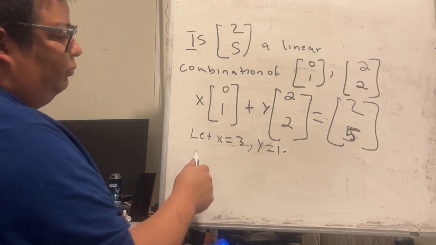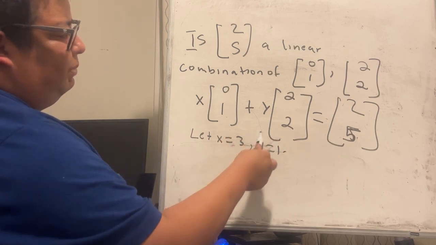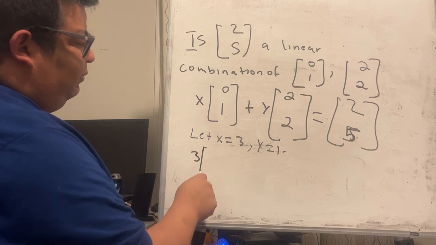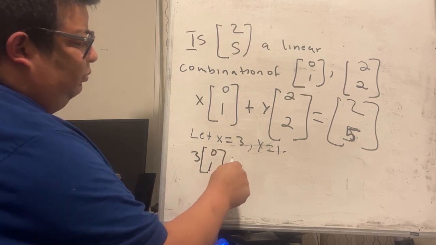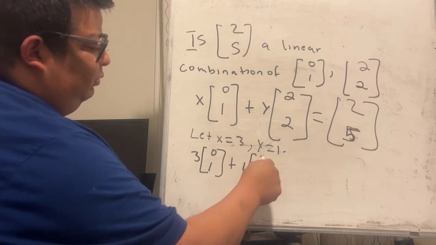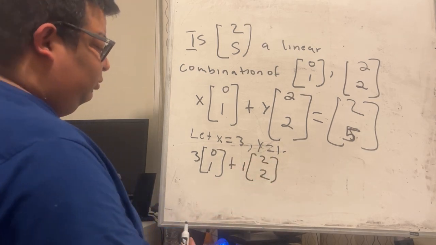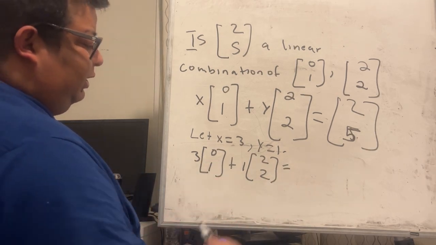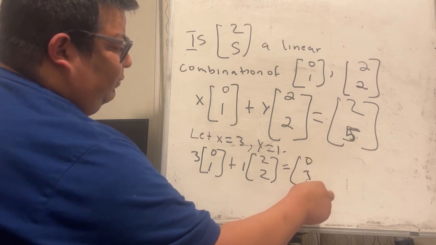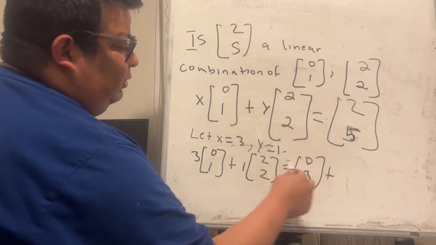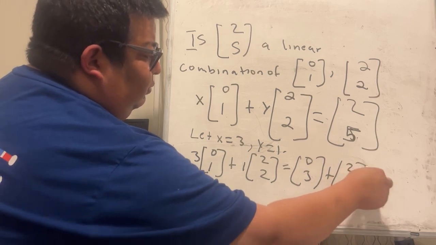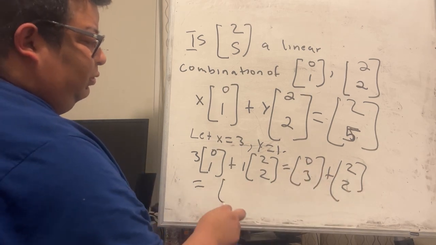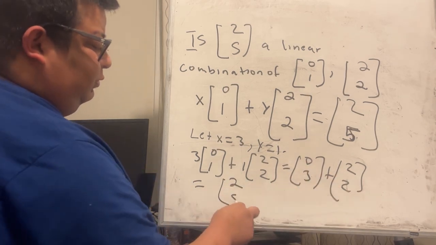Let's do it. So let x equal 3. For example, 3 times (0, 1) plus 1 times (2, 2). That's equal to, I distribute the scalar, so that would be (0, 3) plus (2, 2), and that becomes 0 plus 2, that's 2, and 3 plus 2, that's 5.